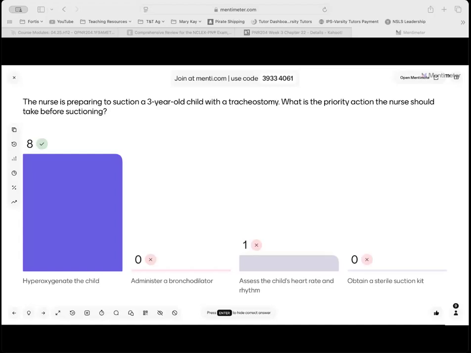So we know that by suctioning, we are occluding their airway. So we are going to be decreasing their oxygen saturations. So if we give them an oxygen boost before we suction them, then we can help prevent some of those adverse effects from the actual suctioning. And ideally, if we keep their respiratory status stable, then their heart rate will also stay stable during that suctioning event.